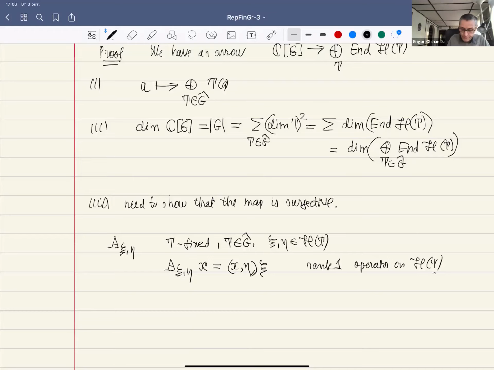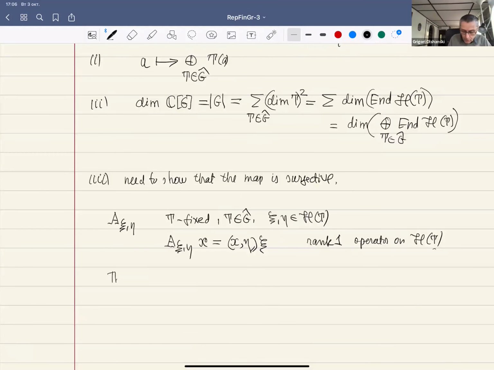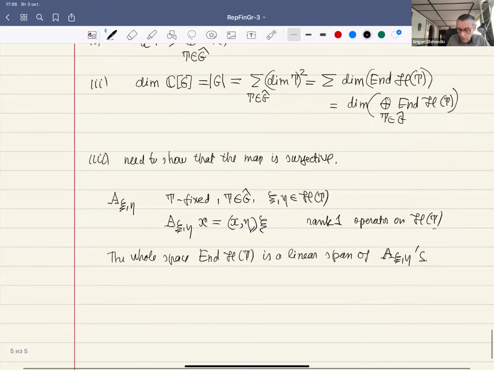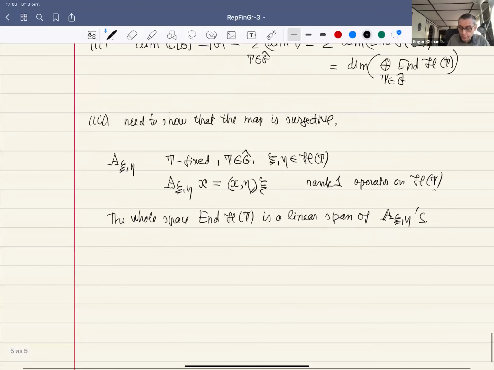And the whole space is a linear span of such rank 1 operators. It's easy to see. So it's enough to prove that.